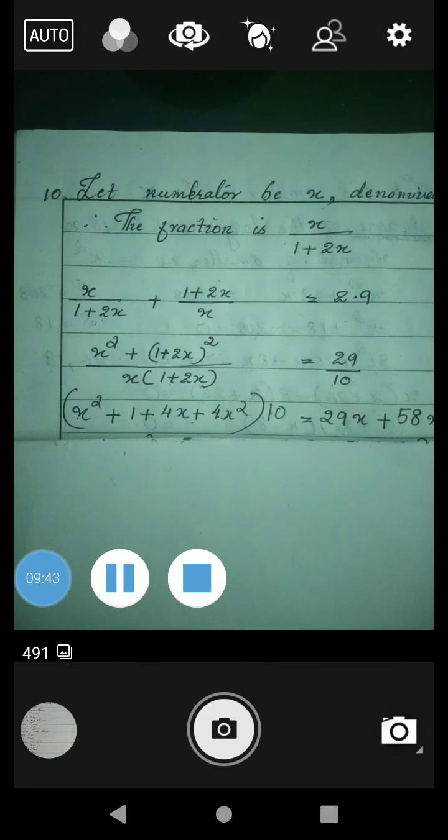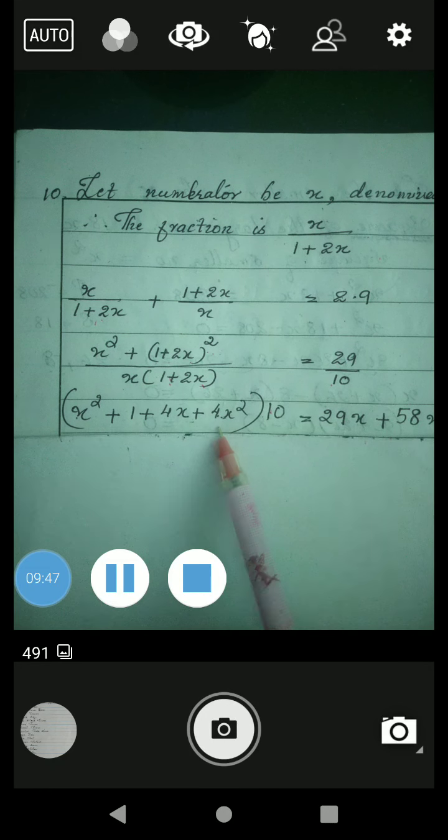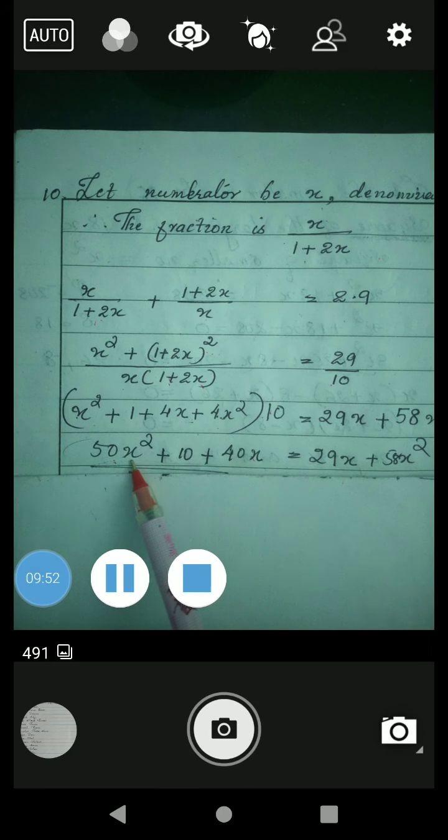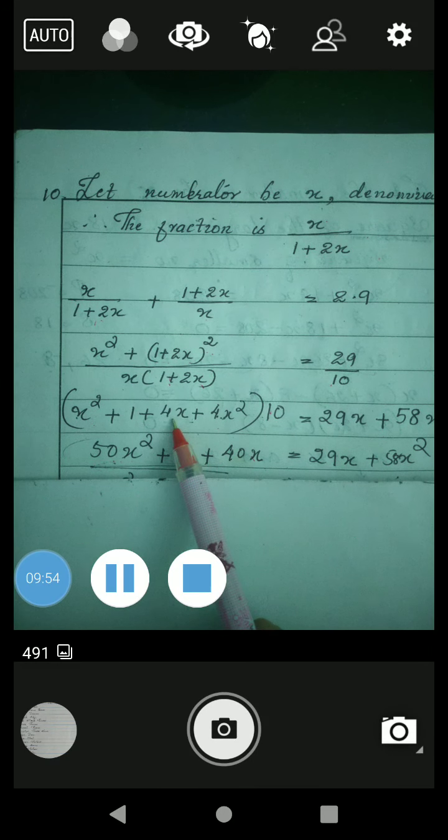Therefore, x square plus 1 plus 4x plus 4x square. X square plus 4x square, that is 5x square. 5x square into 10, 50x square. Just open. 4x into 10, 40x. 1 into 10, 10.